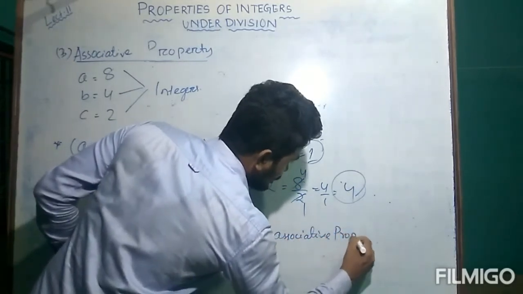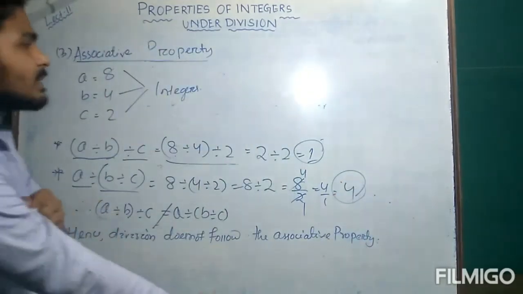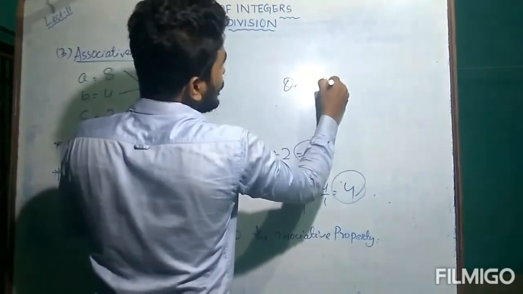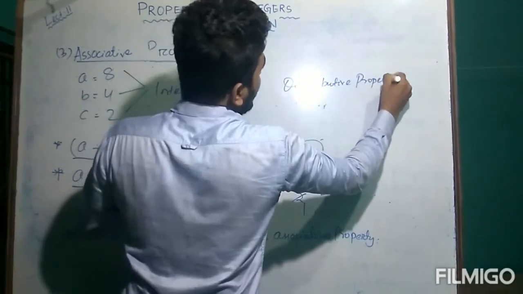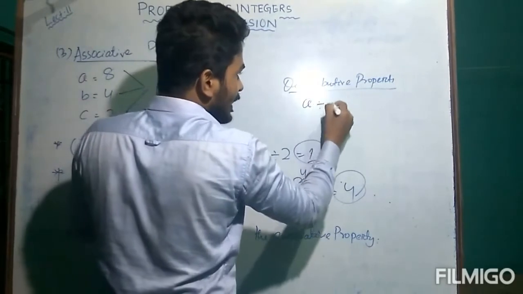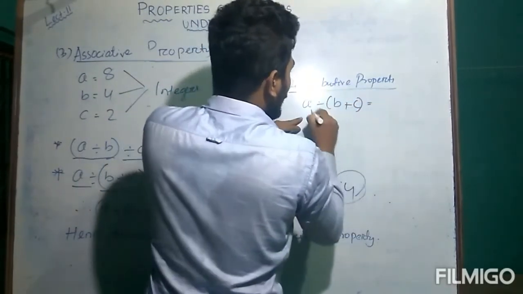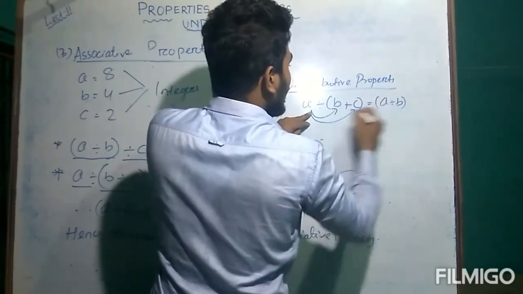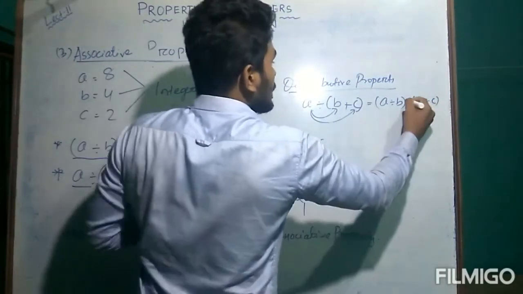Similarly, you can also verify for the distributive property. In case of the distributive property, you have to find whether a divided by (b plus c) is equal to a divided by b, then a divided by c, and in between them which sign should be used?